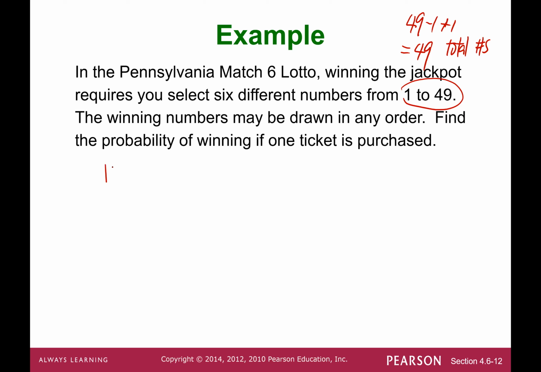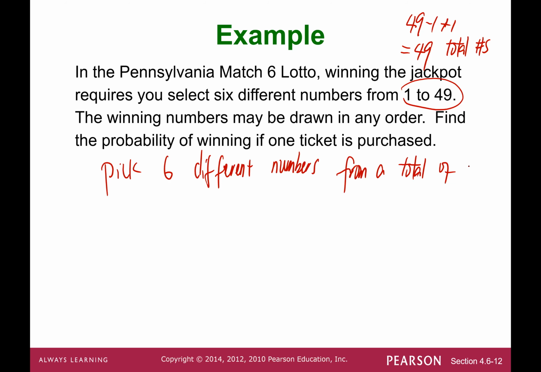You pick 6 different numbers from a total of 49 numbers, and order does not matter. As soon as you have all 6 winning numbers, you win the game.